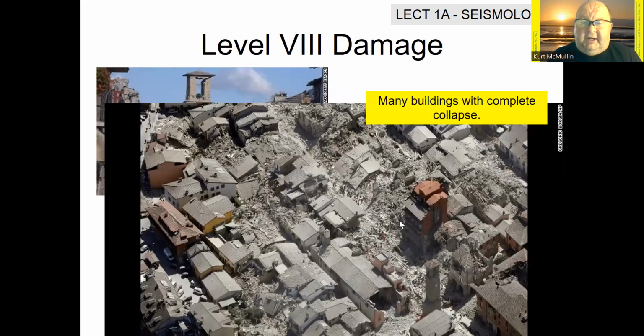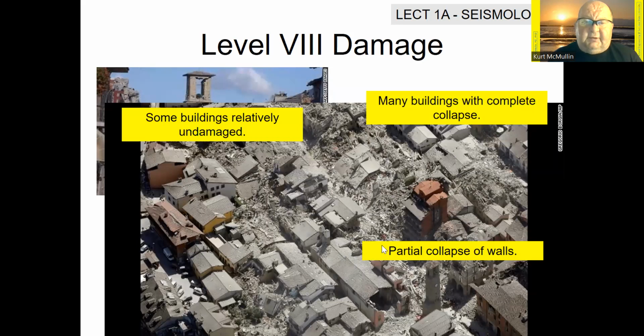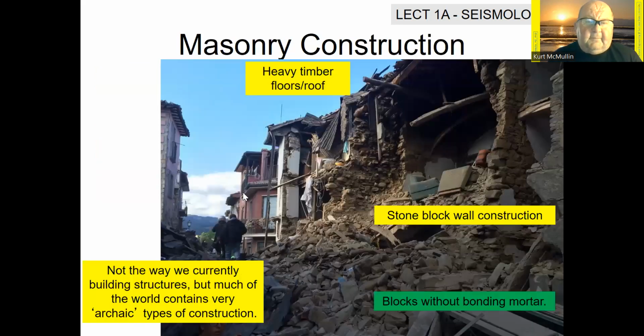As you close in a little more, you see the complete collapse of several buildings on several blocks. But as I said, some buildings still look like they have had rather minimal damage. Partially, walls have collapsed. Some buildings are relatively undamaged.